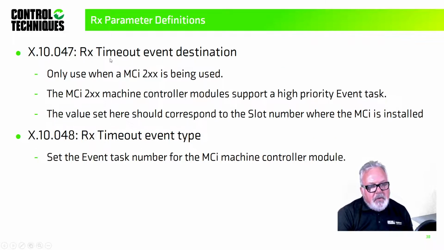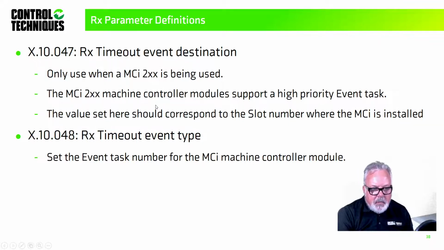Now, if you're using an MCI module, we have events. The MCI module, if you went to my Machine Control Studio training, it has 4 event tasks. Well, that's what we're looking for here. If that trips, or if we get a watchdog timeout on transmission, I can also initiate an event task.